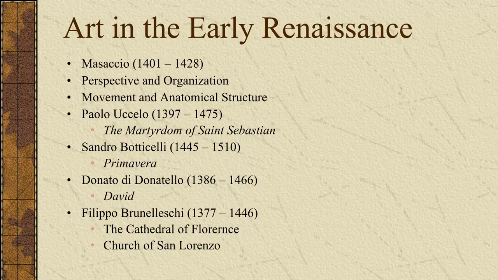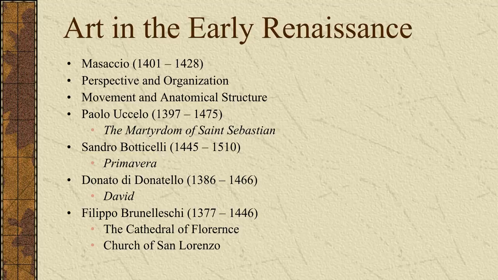There's also concern about how the human body moves and trying to capture that movement in your painting, and also being anatomically correct. Wanting to really get a sense of what the body looked like and paint that realistically.